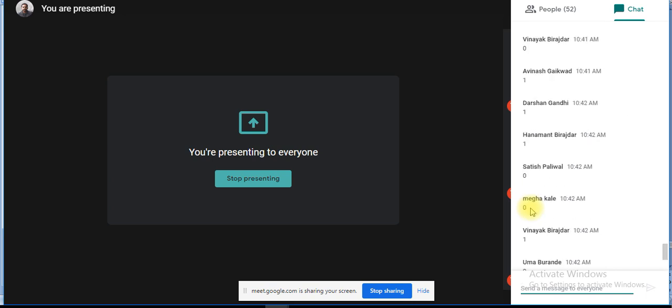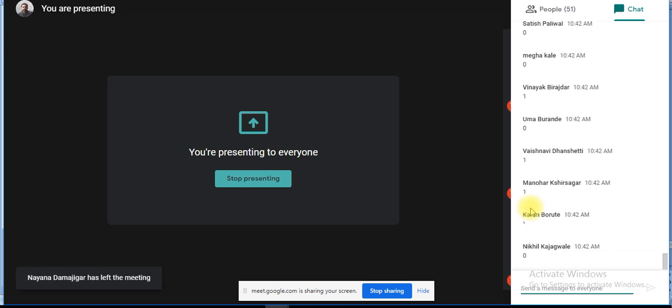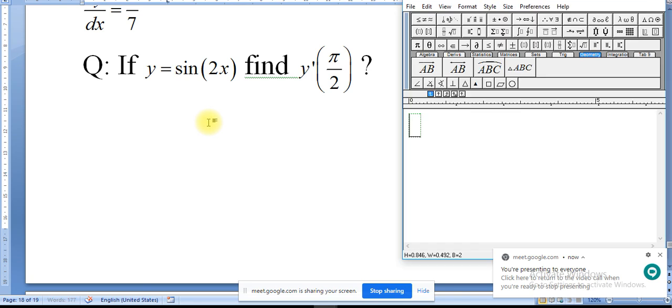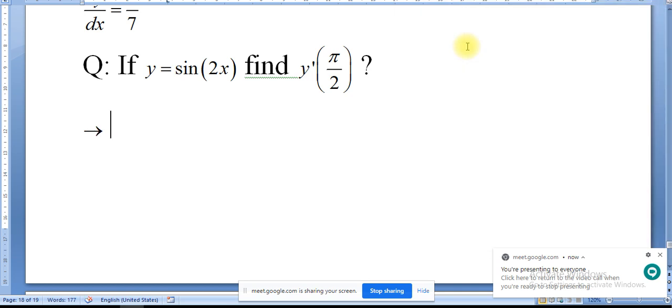So many of you are coming with the answer as 1 and 0. Okay, let's see what is the answer for this now. First of all, sine is outer function and 2x is inner function.